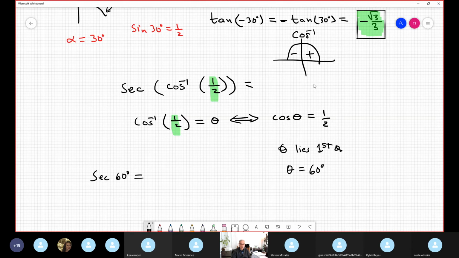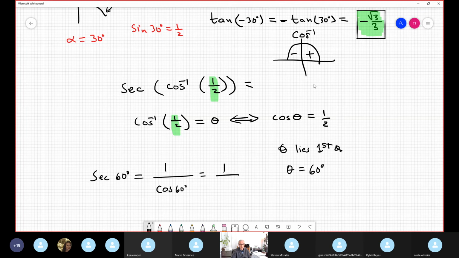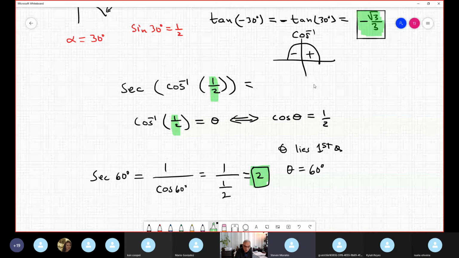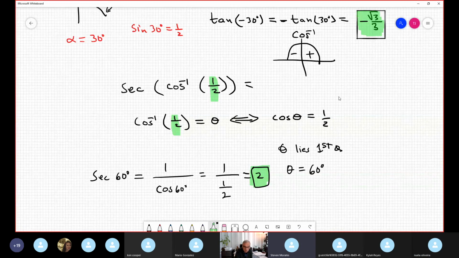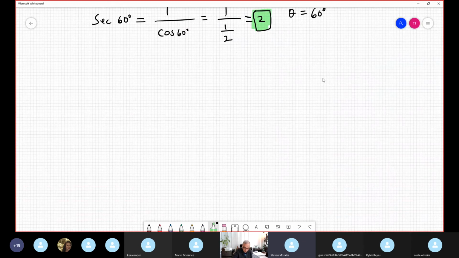Well, I don't remember, but I know it is the reciprocal of cosine. And I know that cosine is 1/2. And the reciprocal of 1/2 is 2. That is the answer. And is the answer positive or negative? It's negative? How do you know it's positive? What is the clue? Exactly, because she said, because it lies in the first quadrant, Professor.